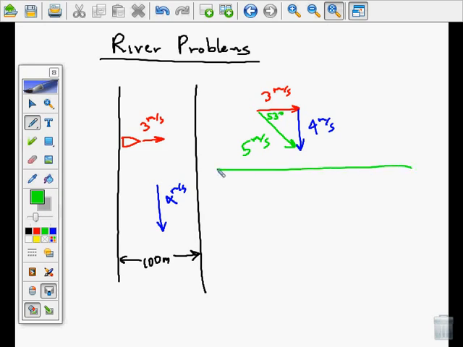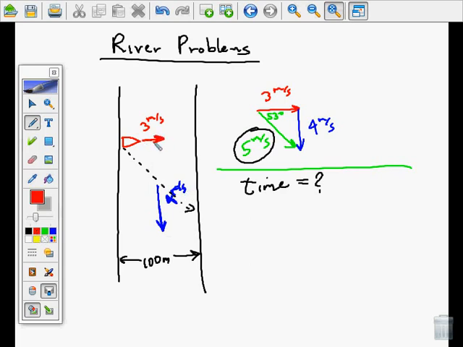But sometimes the question just asks, hey, how much time would it take for that boat to cross the river? And if you wanted to know the time across, instead of using the resultant velocity and this actual resultant displacement, which you'd have to figure out, it's so much easier just to realize that this blue vector right here, the 4 meters per second, the river, has no effect on how fast the boat is going this way across the river.